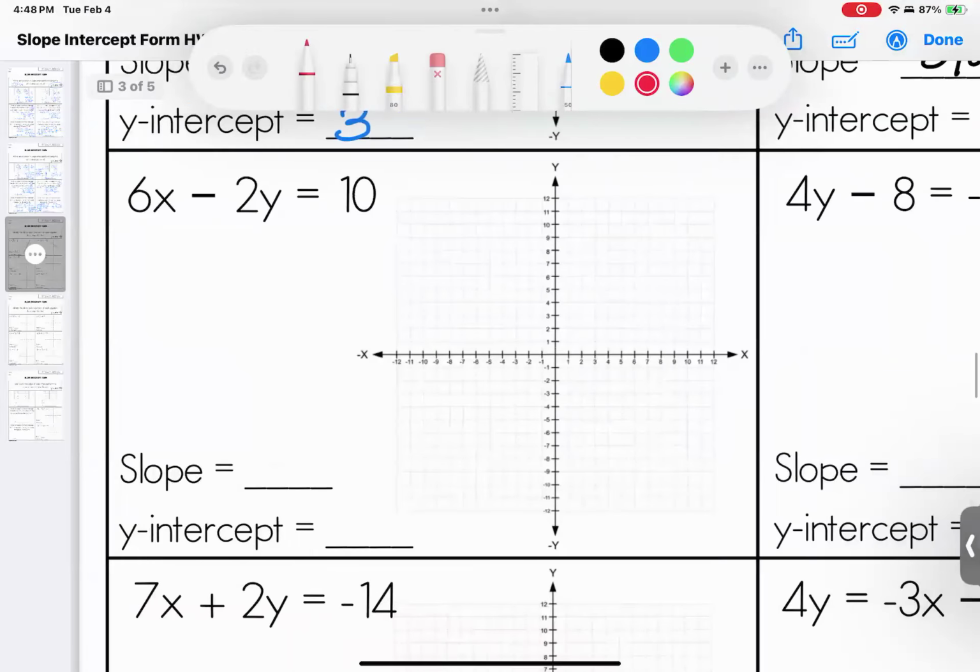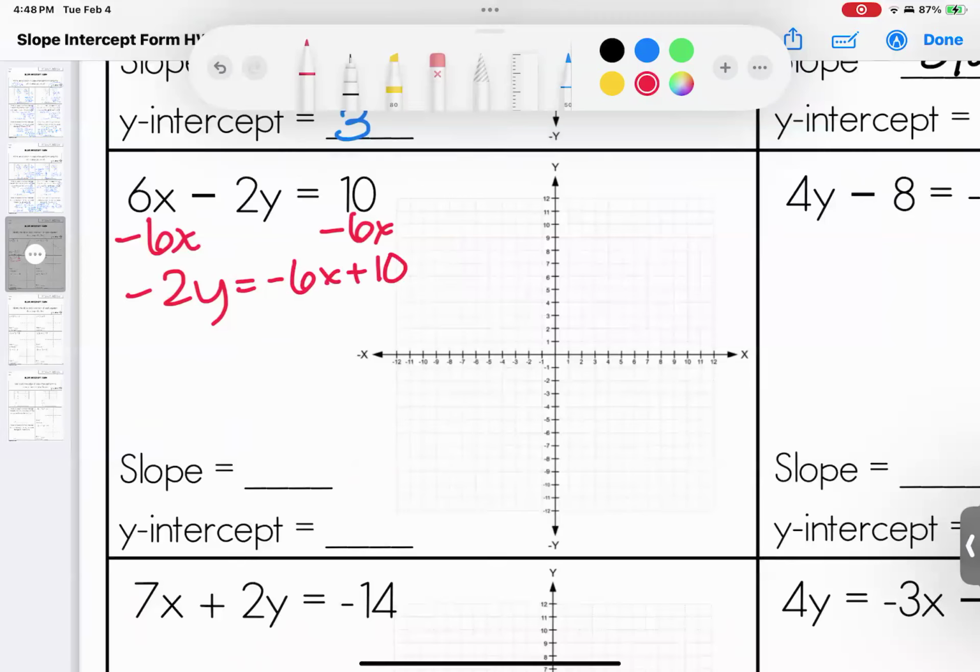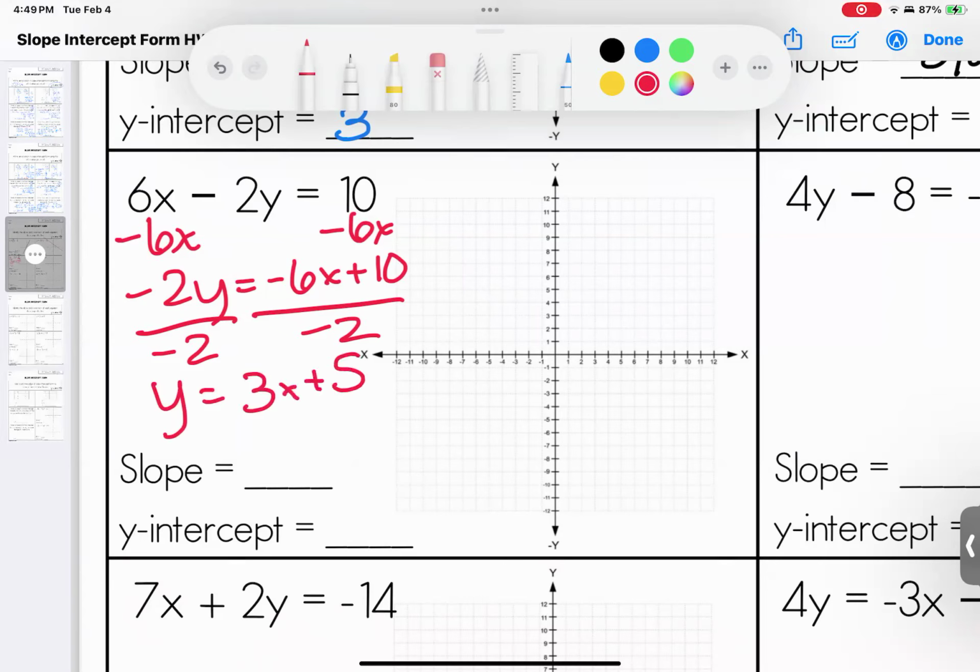Over here, we do not have it in y equals form, so we need to solve it. -2y equals negative 6x plus 10. Divide by negative 2. That gives y is equal to 3x plus 5.